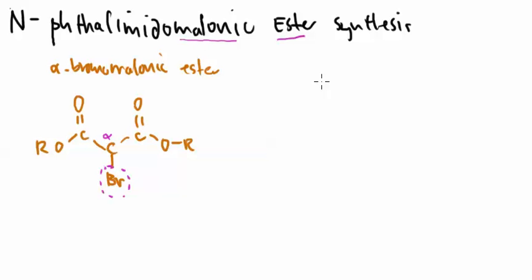So what about this phthalimide? How do I bring in the phthalimide? Where does it come from? What does it look like? Well, phthalimide is actually a benzene ring, so we'll start off there. And then off of this benzene ring is a five-membered ring, and this five-membered ring is heterocyclic.